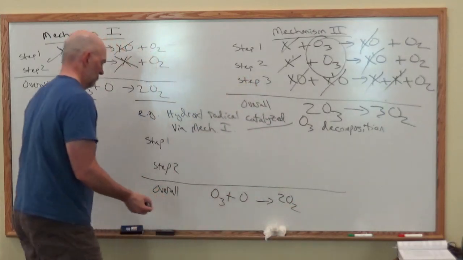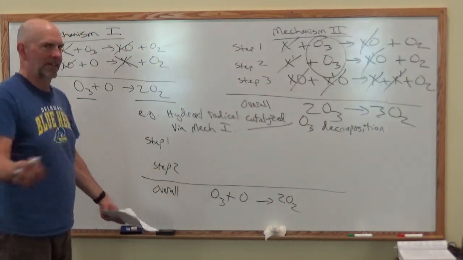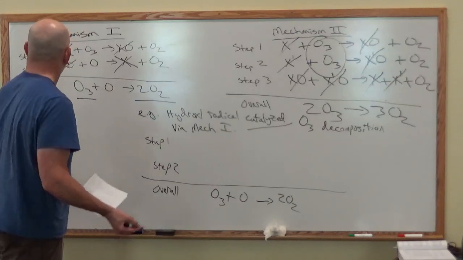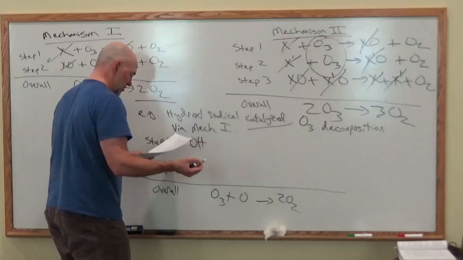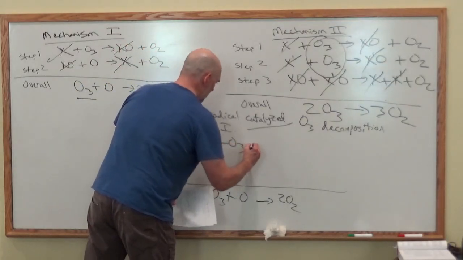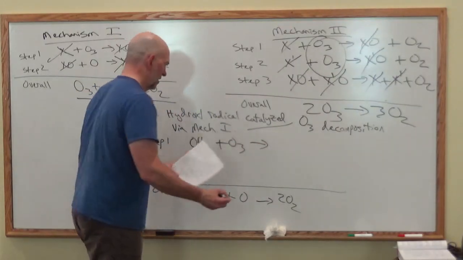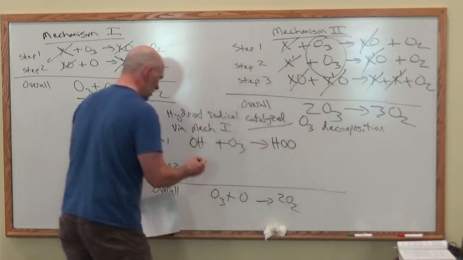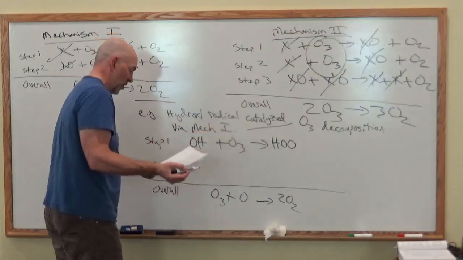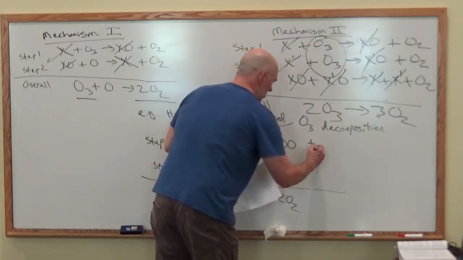That's the answer for every mechanism 1, regardless of what we do. So step 1 is the hydroxyl free radical, just plus O3. Yeah, I feel a little silly doing this. And how do you write it? HOO, so that just plucks off. Sorry, that was horrible. Plus oxygen.